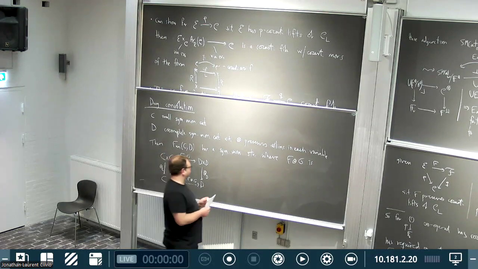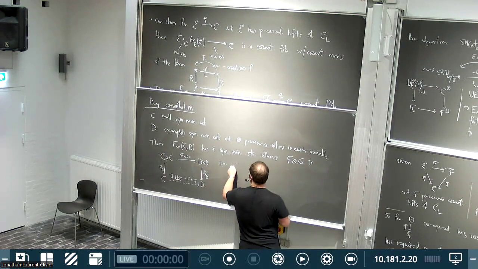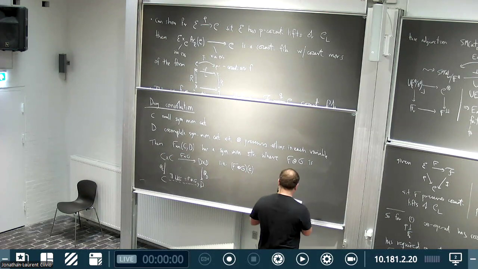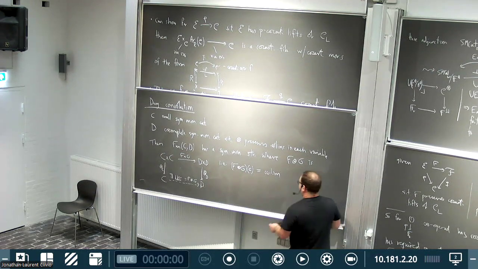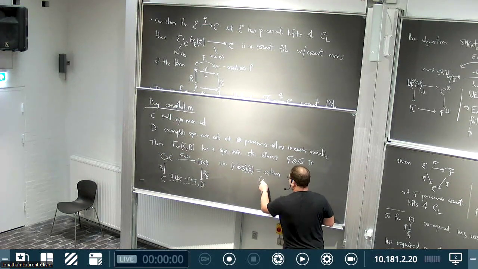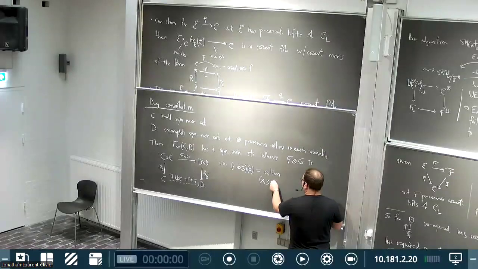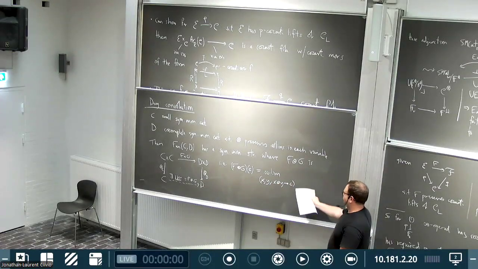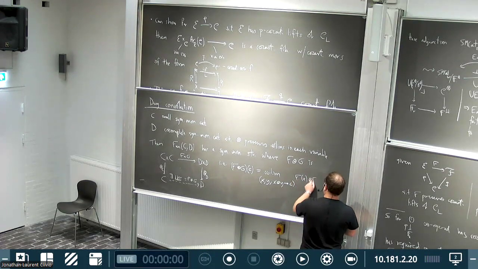So we can write this out using the formula for Kan extensions as f tensor g evaluated at c is the colimit over a category whose objects consist of pairs x, y in C with a map x tensor y to c in C, and then at that object I take f of x tensor g of y.